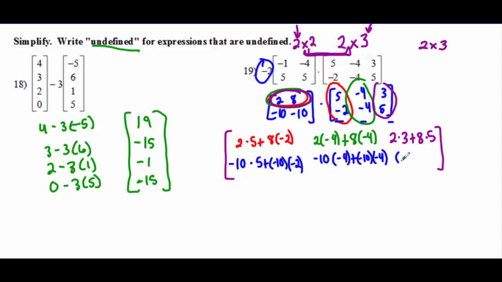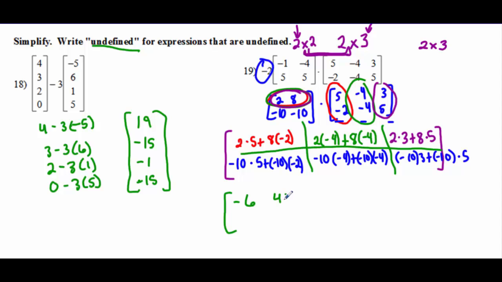And then the last one, -10 times 3 plus -10 times 5. And we just need to do each of these separately. There's 6 different numbers we're trying to find now.